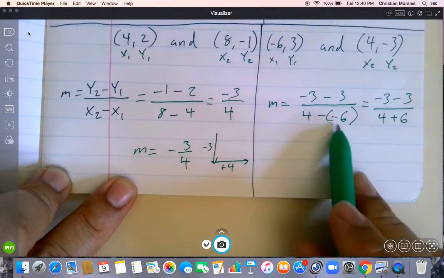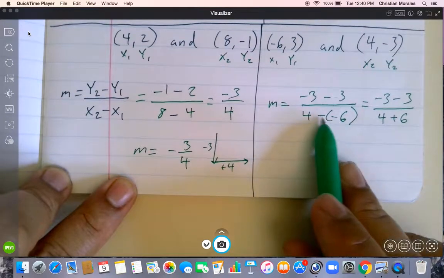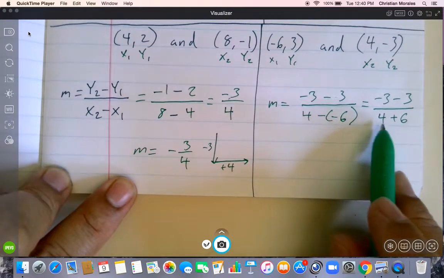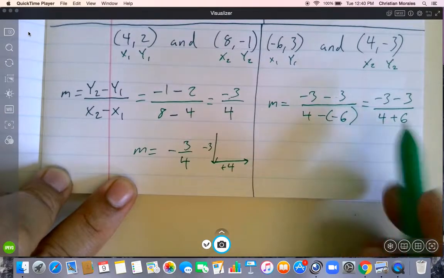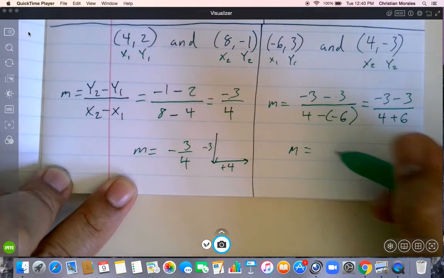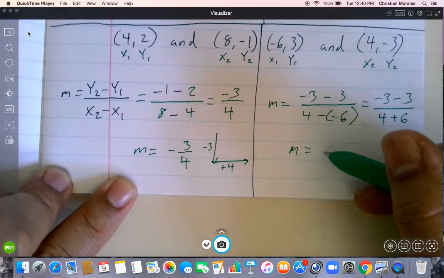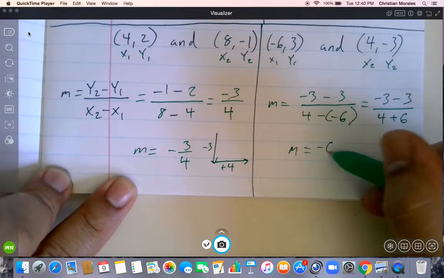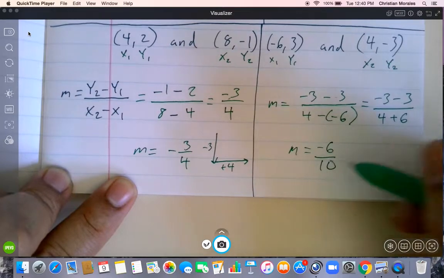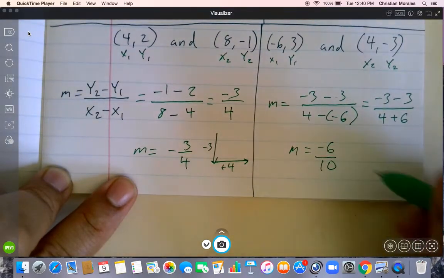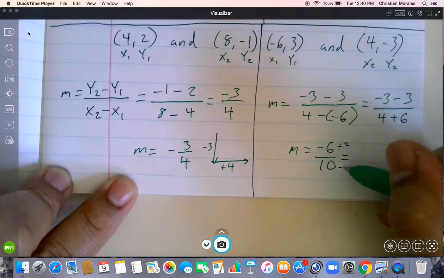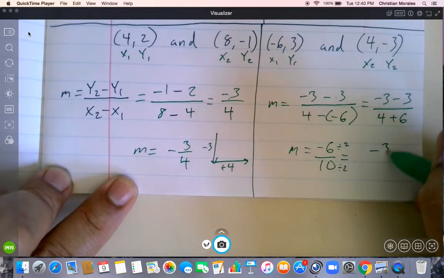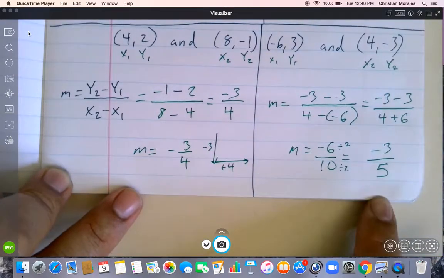What just happened? Well, when you have a minus a negative, you change it to a positive sign. So you're not going to subtract, you're actually going to add these numbers up. What you end up with is -6 over 10. But you want to simplify it. So what can you simplify these numbers by? By 2. -3 over 5, and ladies and gentlemen, that is my slope.